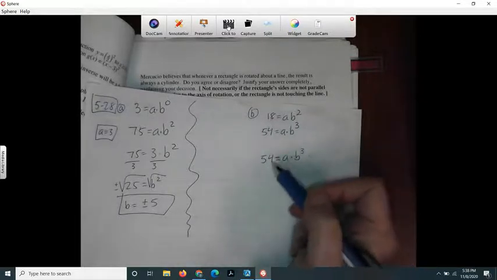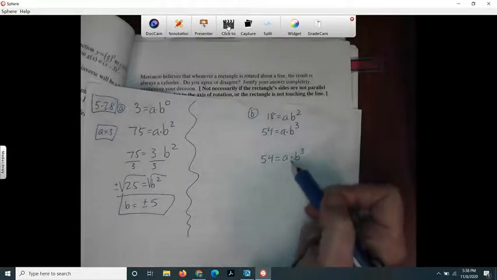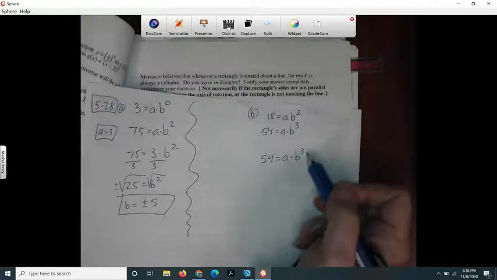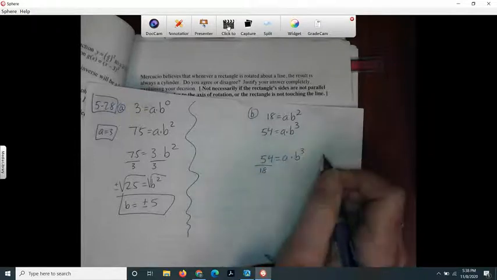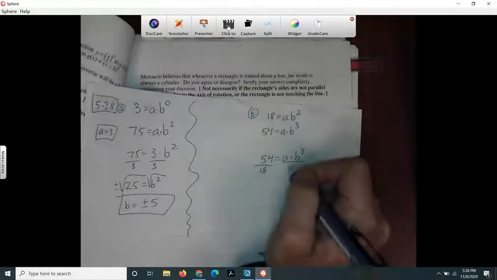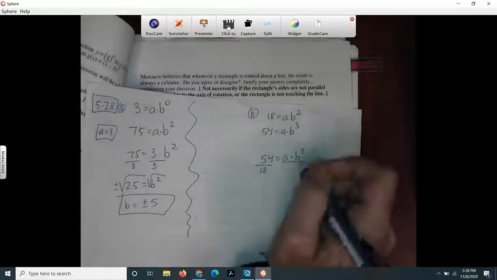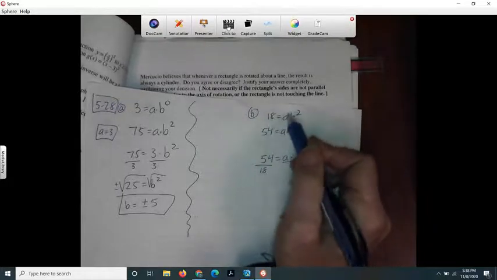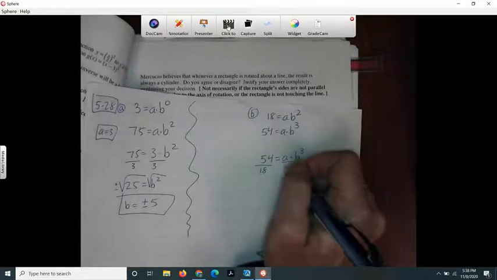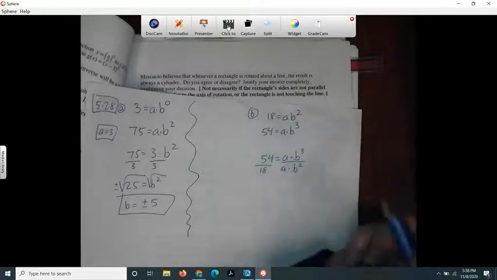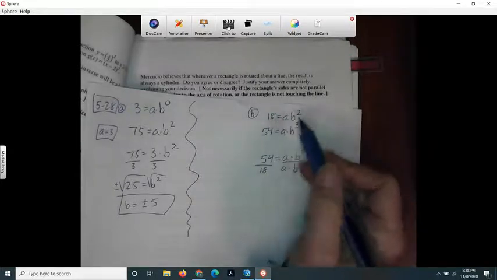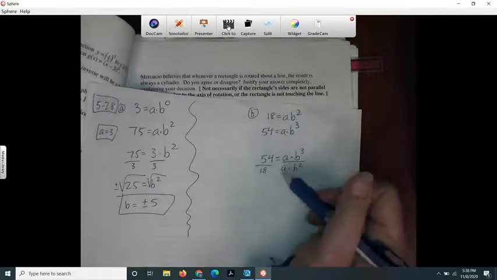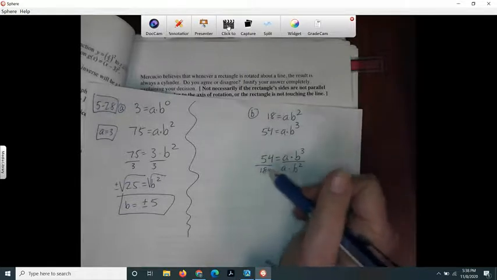So I'm going to divide 54 equals a times b cubed by 18 on both sides. But I'm not going to really divide it by 18. I'm going to divide it by something that's equal to 18, which is ab squared. So in other words, you can divide equations by each other because they're equal. You can divide anything as long as you do it on both sides.